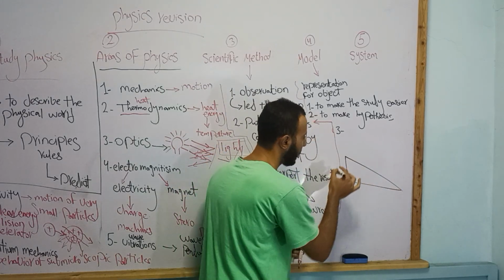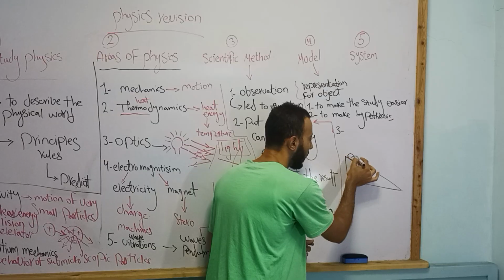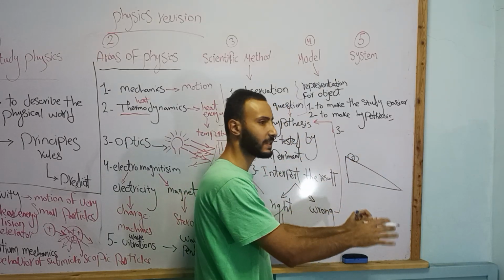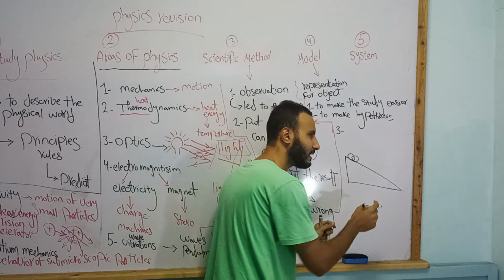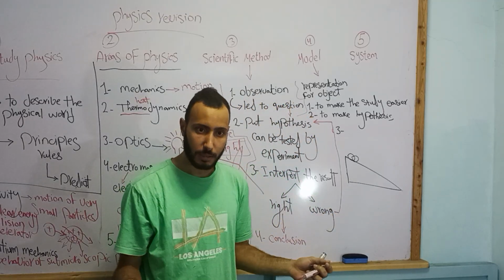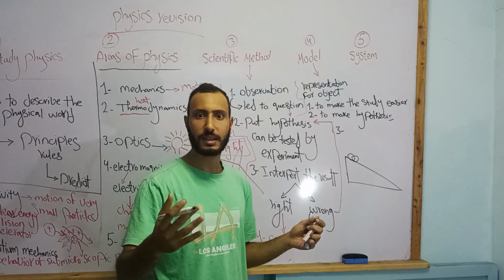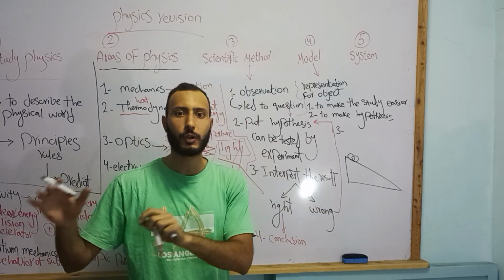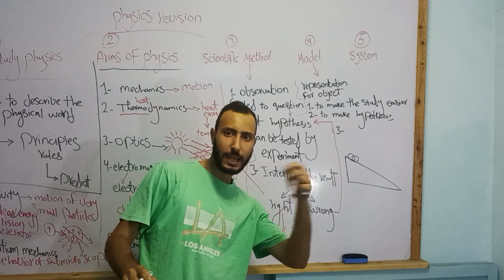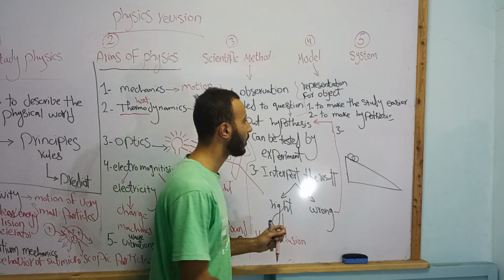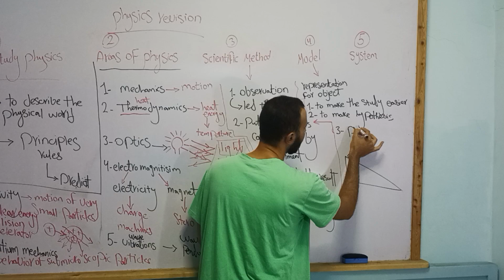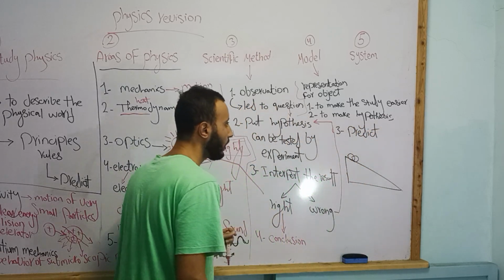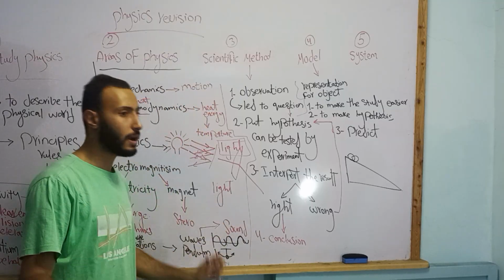He got a ramp like this and many poles, and he tried to release all of these poles at the same time. The model wasn't so accurate, but he predicted that in the future they will know that all the objects fall at the same time, but this delay is because of the air resistance. So you can predict something in the future.